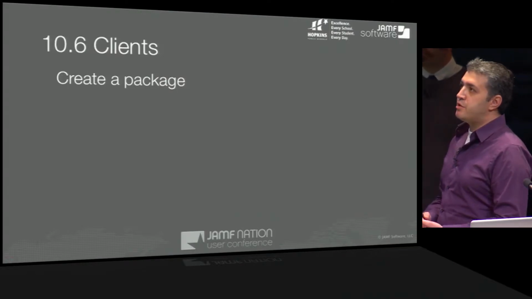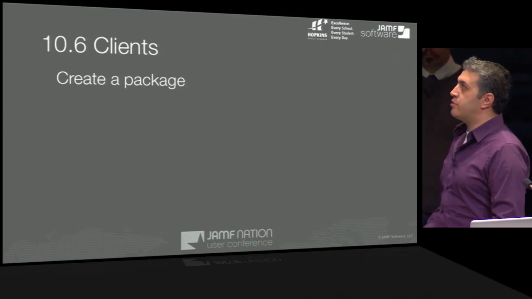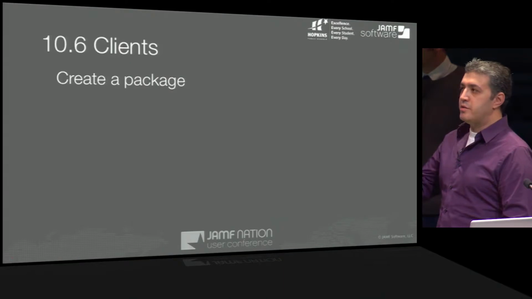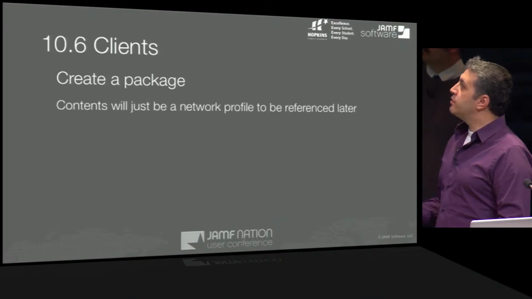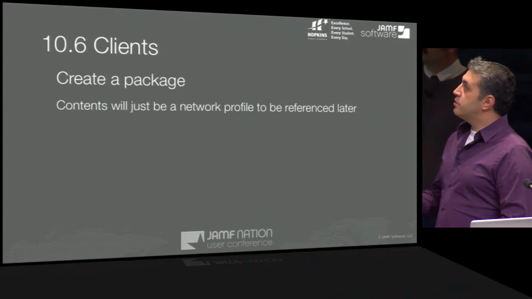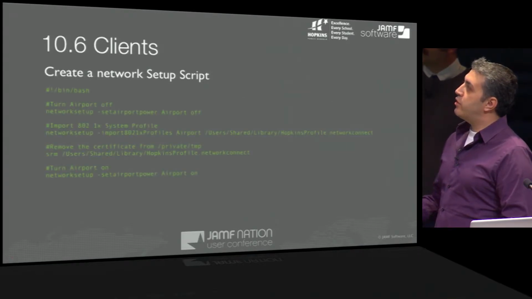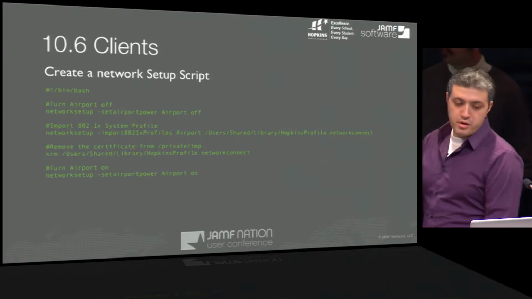The DMG has the certificate, and we also have a script that runs a network setup command that installs and trusts that certificate, so that on a 10.6 client, you get a system profile in System Preferences Network. So this is the network profile for 10.6 clients. And I think we'll have a little sample of our script there.